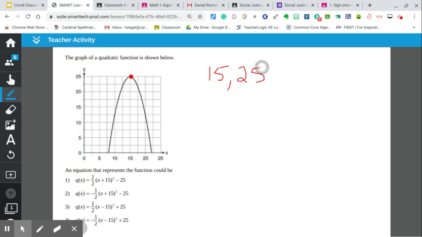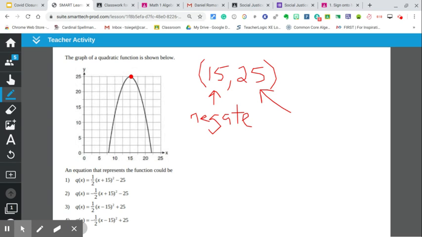So this information is important because in vertex form, the first number, the x, is the one that goes in the parentheses, but you have to negate it. And the number outside the parentheses, you don't negate. That is actually where it is.